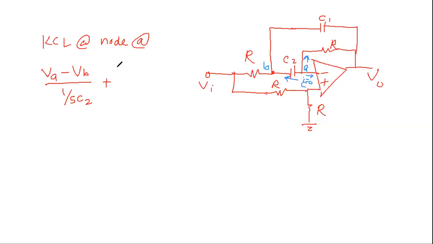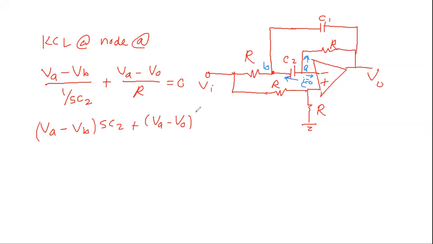That's VA minus Vout over R. That's correct. And this equals 0. So we can say that VA minus VB times SC2 plus VA minus Vout times 1 over R equals 0, and this is equation number 1.